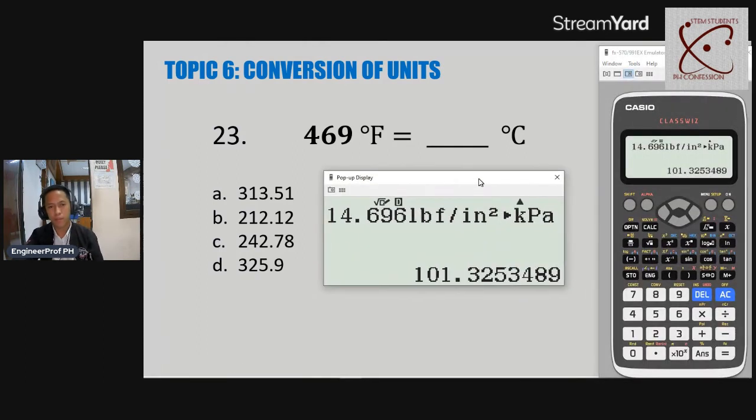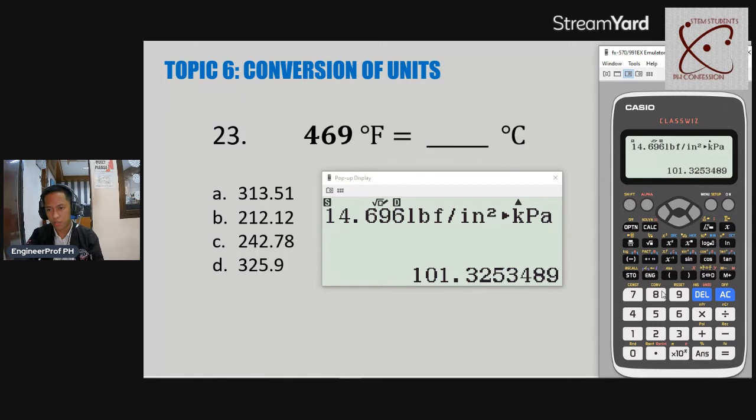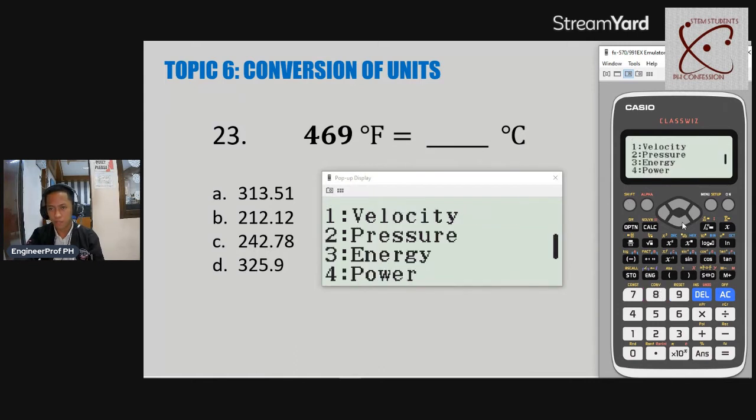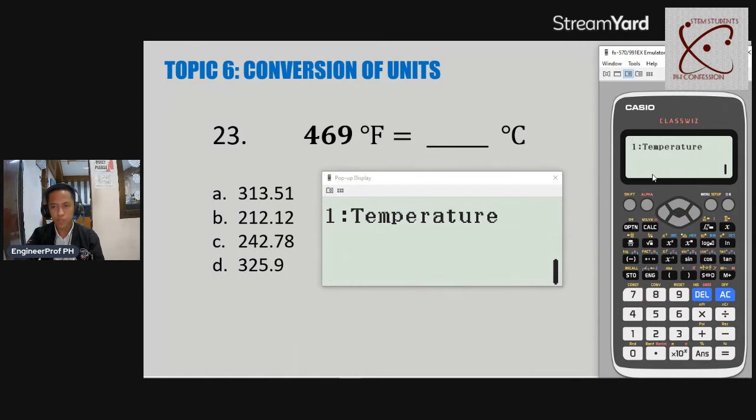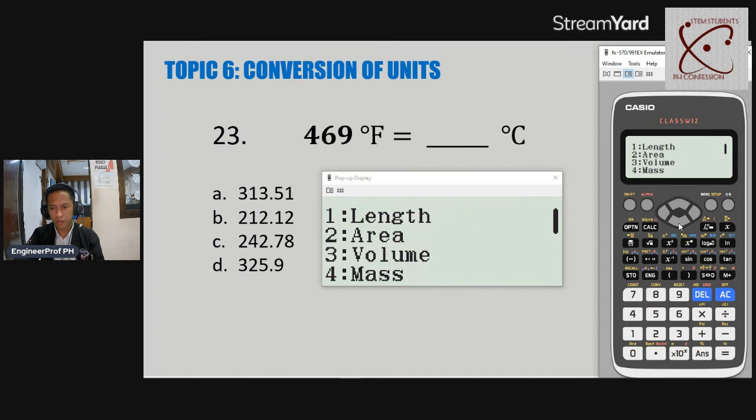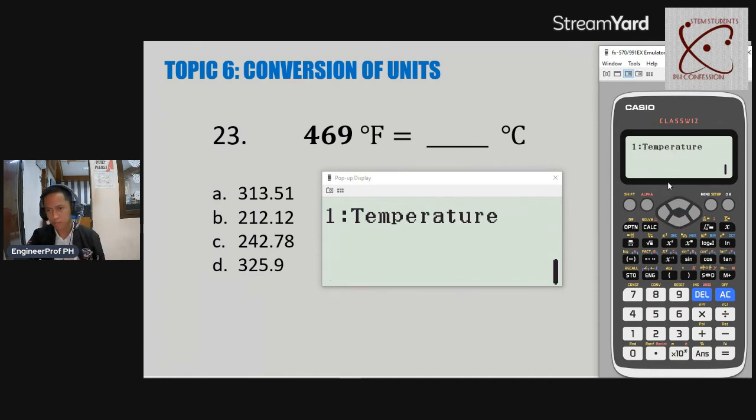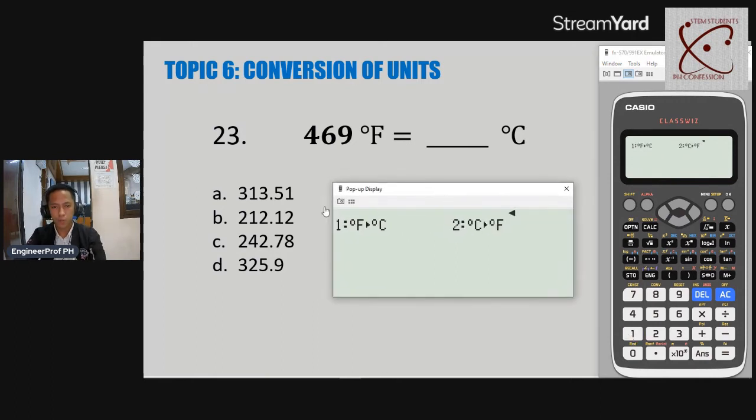Ayun. So for this problem, convert daw natin si 469 degrees Fahrenheit to degrees Celsius. Okay, so this is a unit of temperature. So navigate lang natin, down button, down lang, then number 1. So for number 1, we have here degrees Fahrenheit to degrees Celsius or degrees C to degrees Fahrenheit.